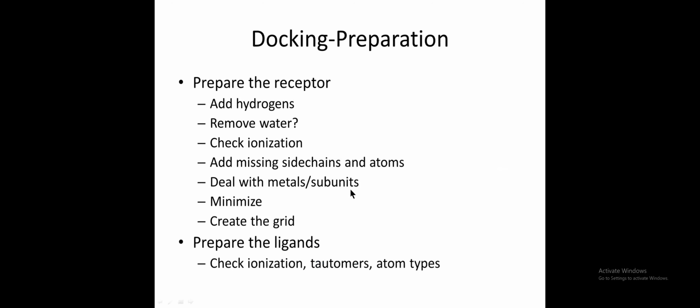Deal with metals and subunits. A number of docking programs have problems handling metals. Subunits like hemes, for example, may not have accurate parameters, depending upon which of these programs you utilize.